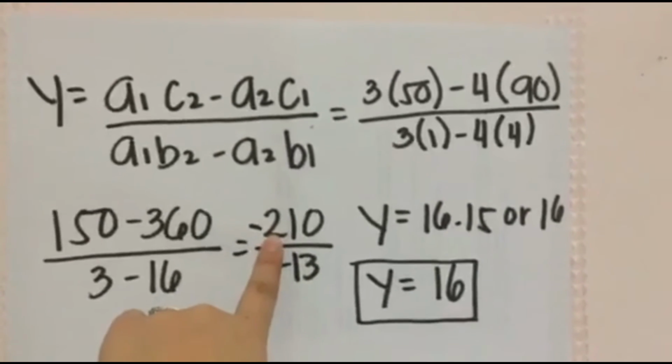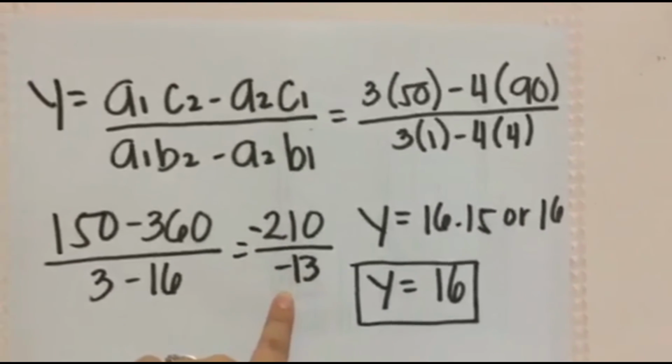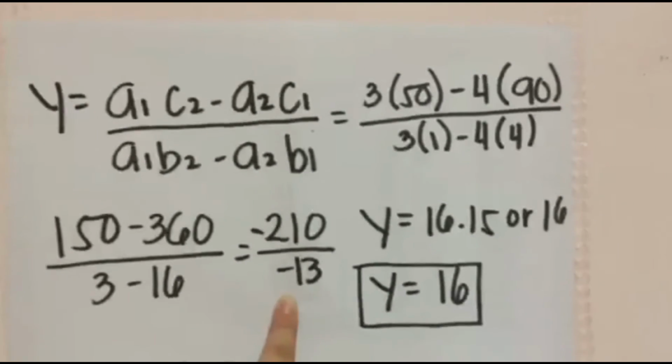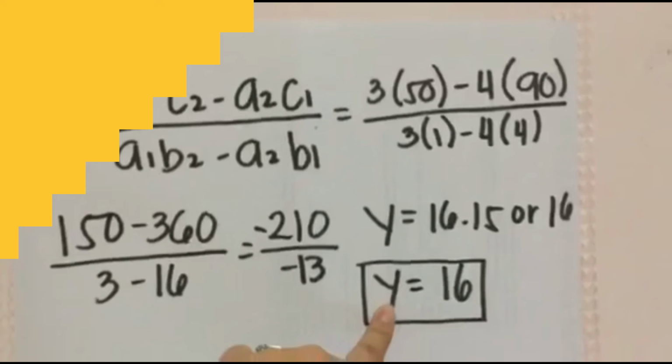Negative 210 divided by negative 13 equals 16.15, or 16. So the answer for y is 16.